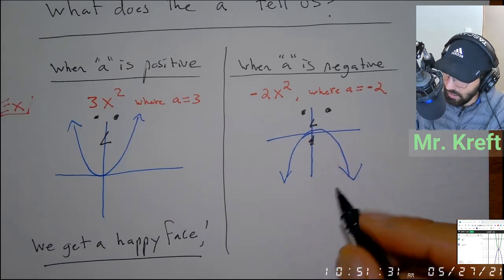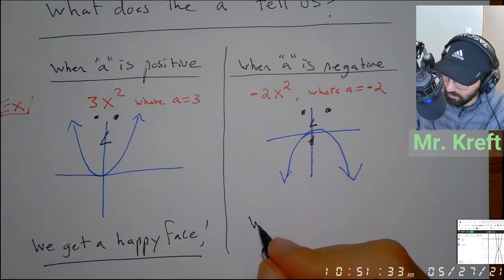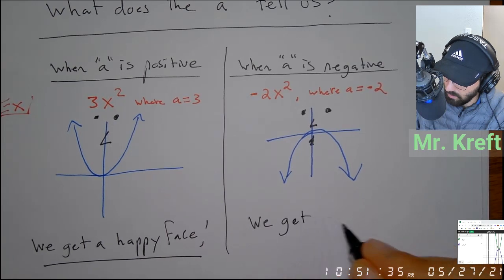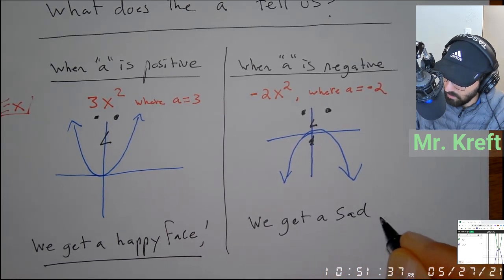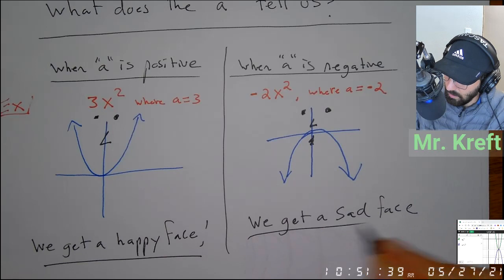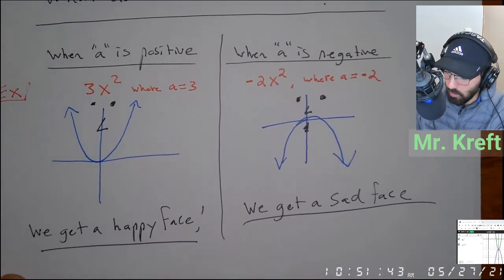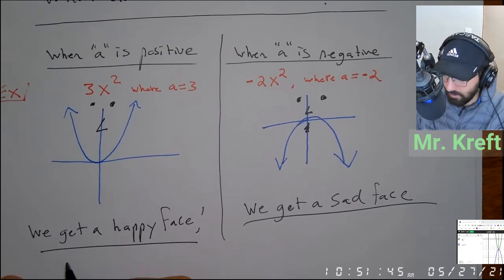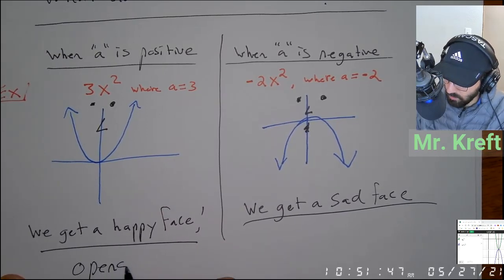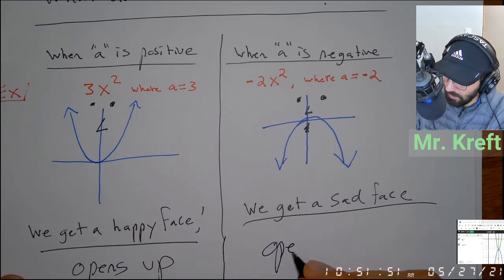When a is negative, we get a sad face. I know that's silly language, but when a is positive, it opens up, and when a is negative, it opens down.